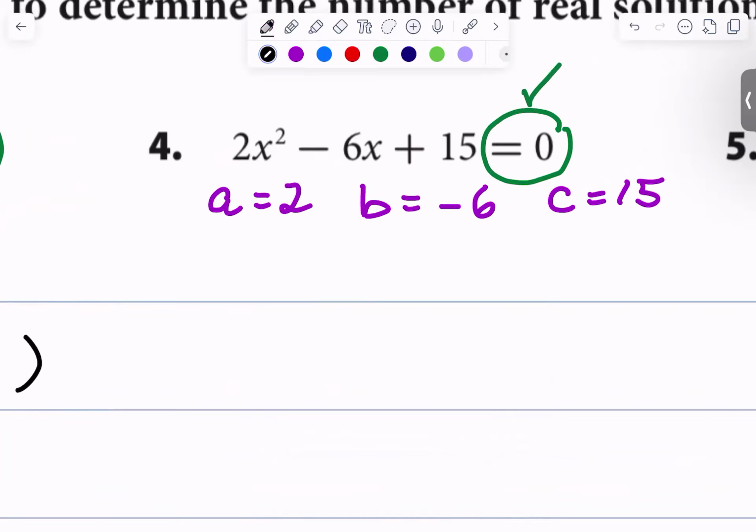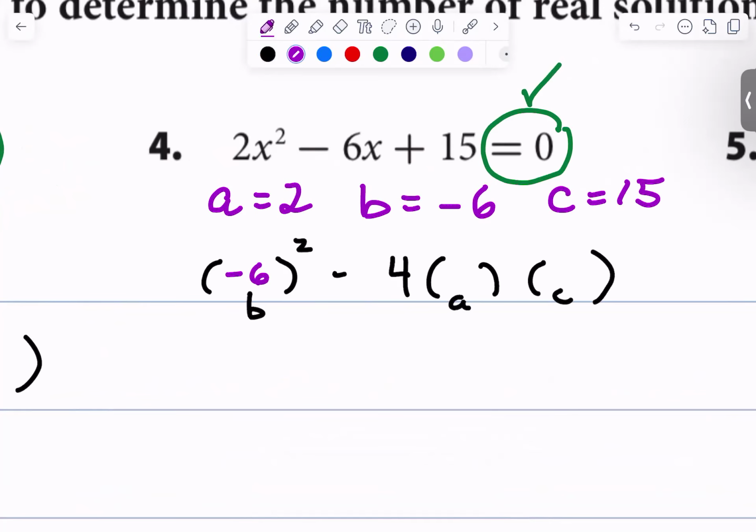Okay. b squared minus 4ac, just getting those values. b is negative 6, minus 4 times 2 times 15, right? Negative 6 squared is 36, minus, 2 times 15 is 30 times negative 4 is negative 120.